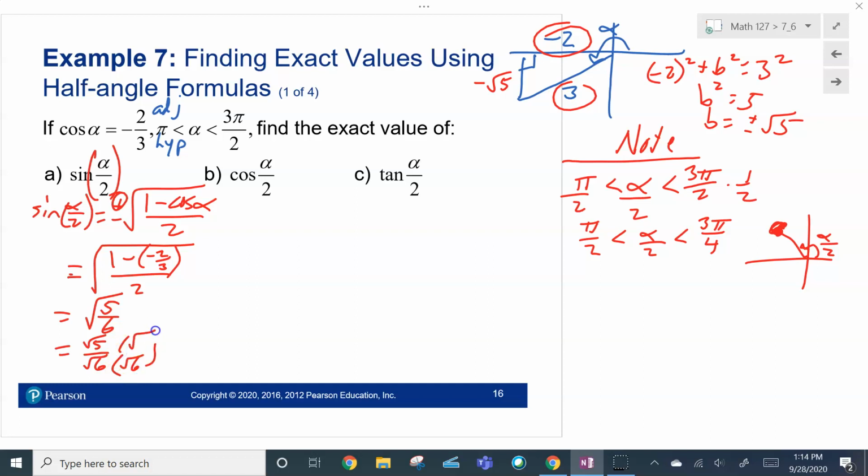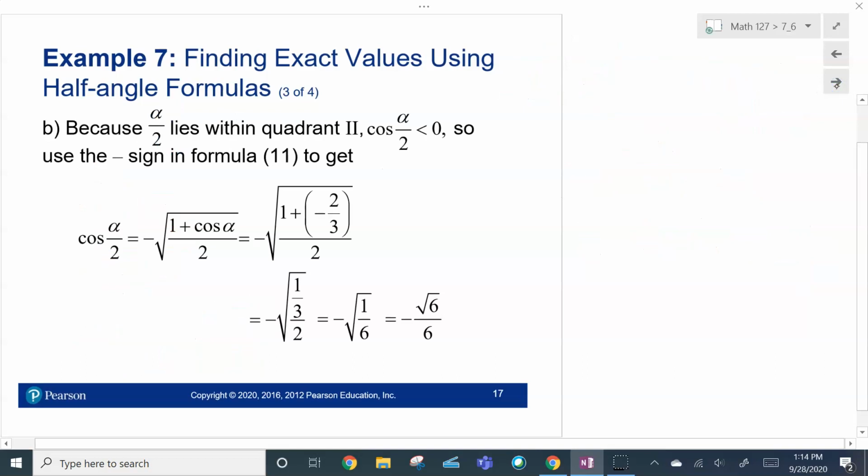Rationalize that, and we get root 30 over 6. And similarly for that cosine alpha over 2, you're going to be negative. Your cosine is negative there on that alpha over 2 in that second quadrant. So you pick the negative one, and then you just go through it. You replace cosine alpha with negative 2/3 and work through it.